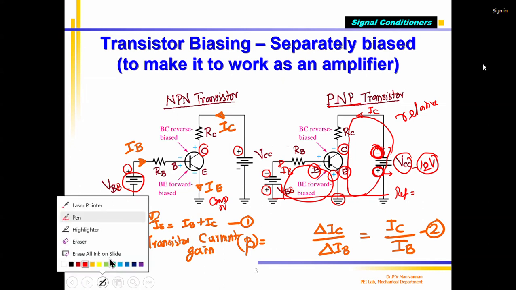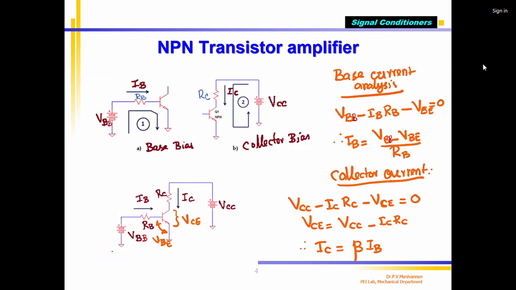Now, we discussed yesterday how to calculate IB. The formulas are given. I told you VBB is called the base voltage, and VCC is the collector supply voltage. And there are other voltages there. This is the base terminal and this is the emitter terminal. Between these two there is a voltage called VBE, the base to emitter voltage.